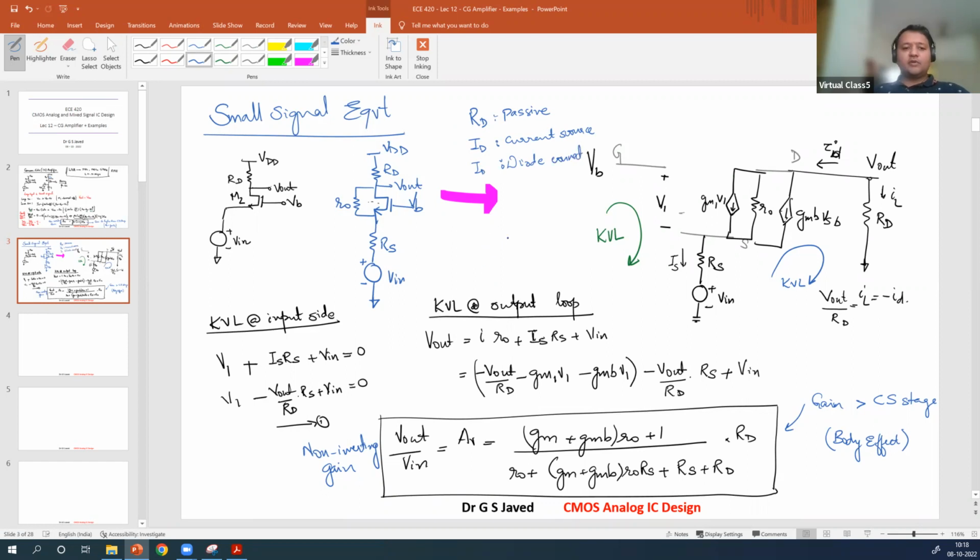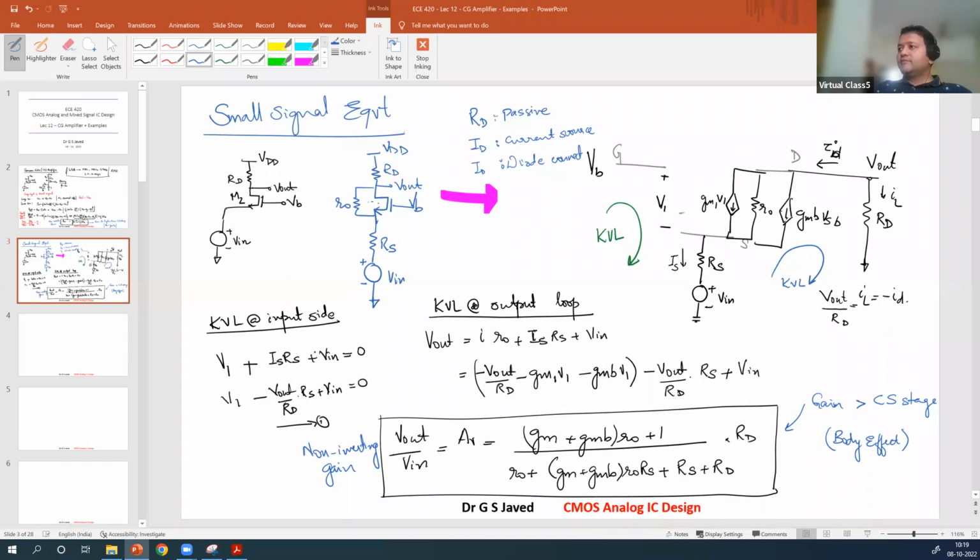In that case, what will happen? Your RD becomes a constant current source. Then the effective total resistance will change and become only the numerator, (GM plus GMB) R0 plus 1, because RD will become infinity for an ideal source. So the moment this infinity factor comes in, this makes no sense in that case, right?